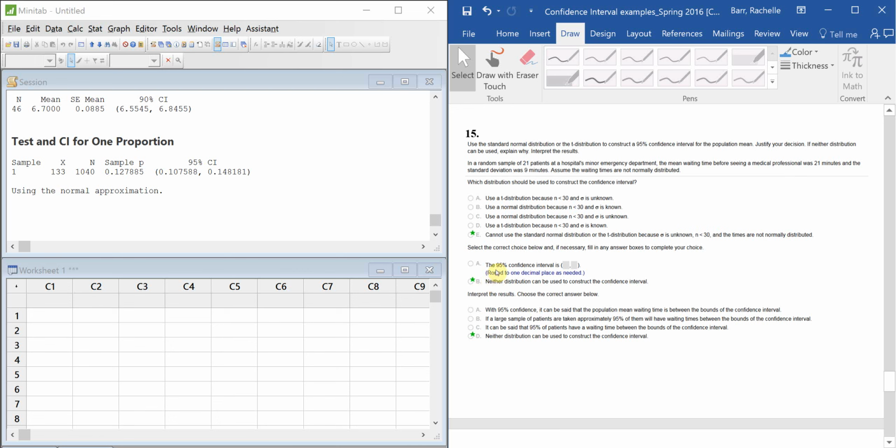So I can't do the 95% confidence interval, so neither distribution can be used for the confidence interval. And then I can't interpret the results because I can't use either of them. It's sad but true. You have to watch out for this. It is quite possible that if your sample size is too small and you don't know the population standard deviation, then you can't do either of these. So now you know, and knowing is half the battle.